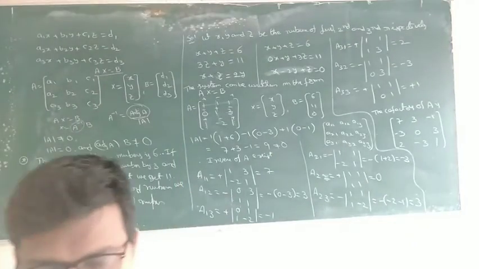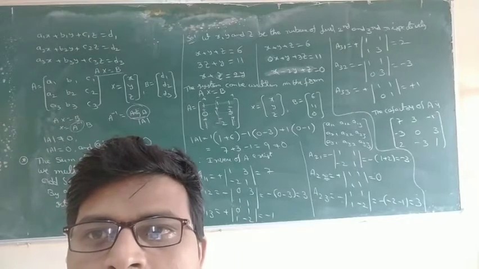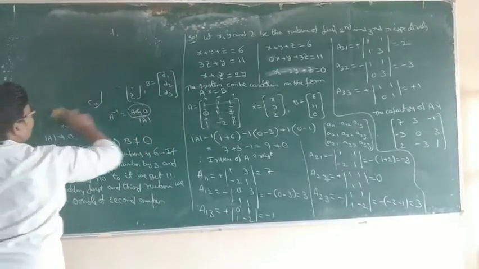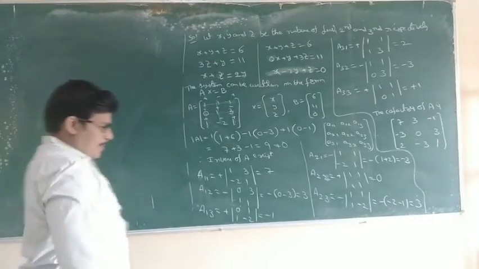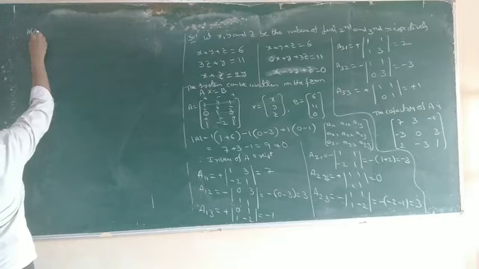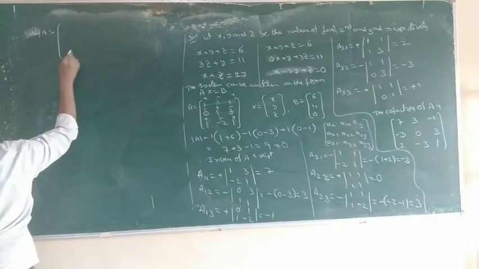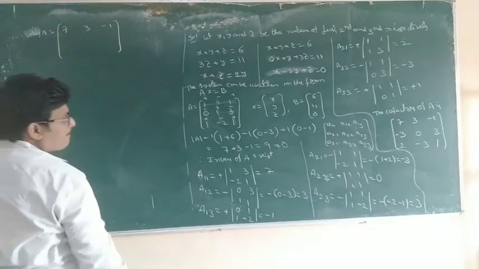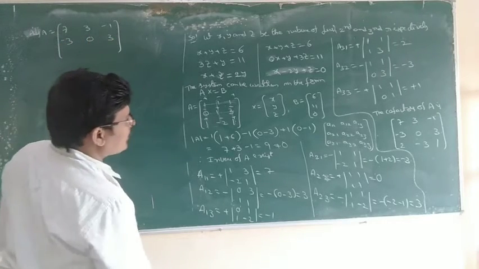So adjoint A is equal to the transpose of the cofactor matrix: 7 3 minus 1, minus 3 0 3, 2 minus 3 1.